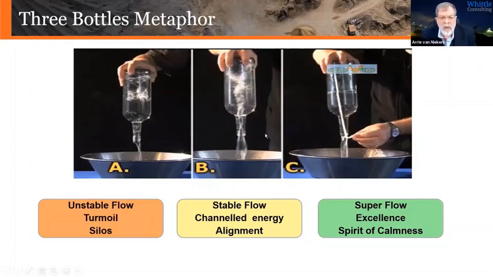The second bottle is exactly the same system, but with slightly different energy. I'm going to overturn the bottle and twirl it. And then you'll see how the dynamic changes and how the end result changes. And then the third bottle, I'm going to insert a straw. The purpose of the straw is to channel the air. And then you'll see the real impact of that bottle.